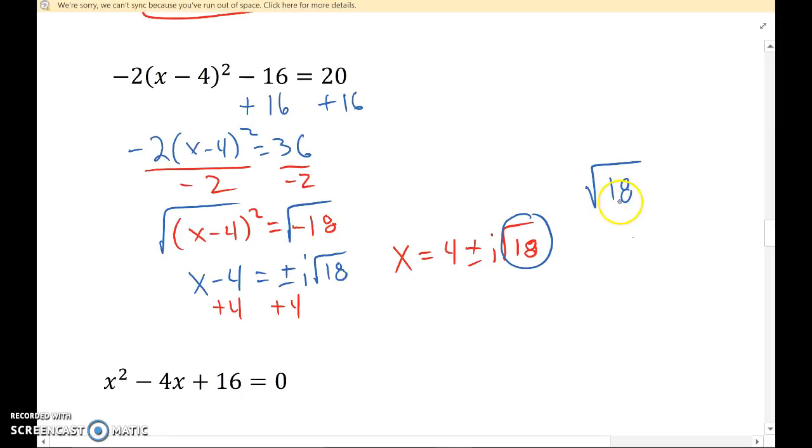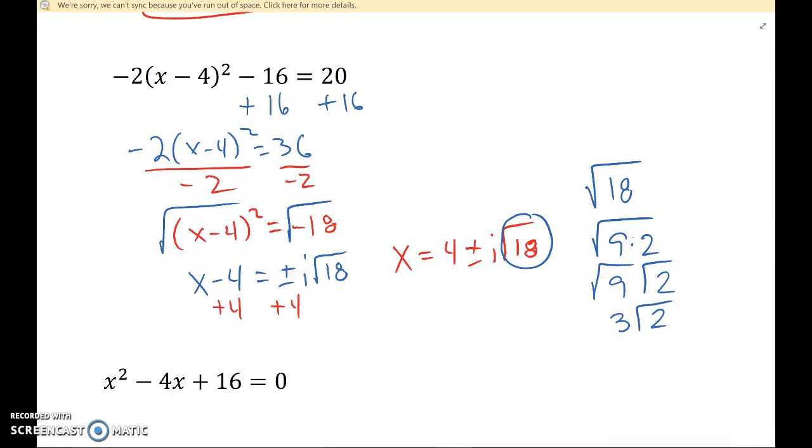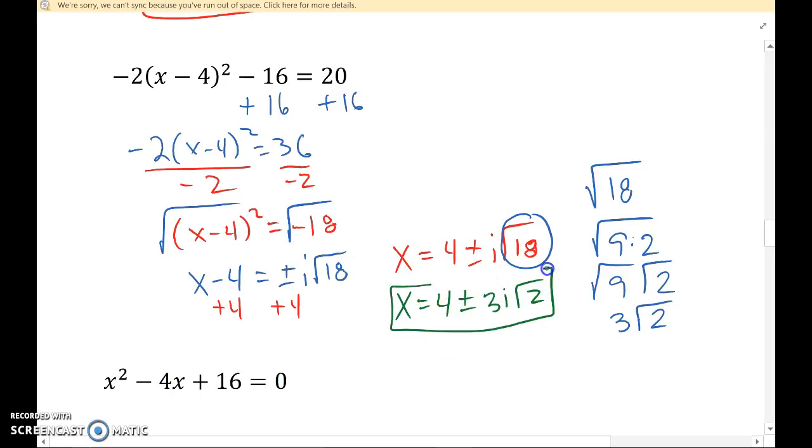And so 18 can be written as 9 times 2. And the square root of 18 can be written as the square root of 9 times the square root of 2. The square root of 9 is 3. The 2 can't come out of the radical. And so our final solution for this is x equals 4 plus or minus 3i radical 2.